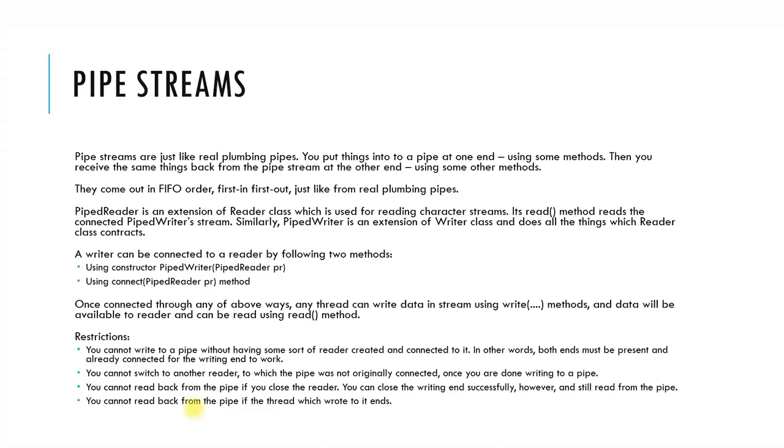In other words, both ends must be present and already connected for the writing end to work. We cannot switch to another reader to which the pipe was not originally connected, and we cannot read back from the pipe if you close the reader. We cannot read back from the pipe if the thread which wrote to it has ended.